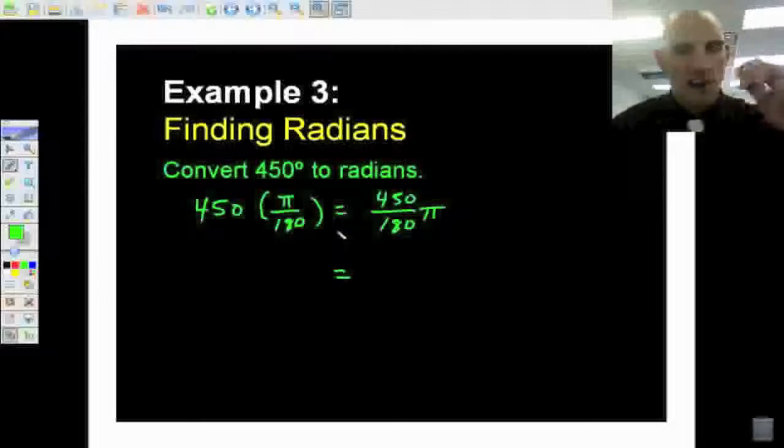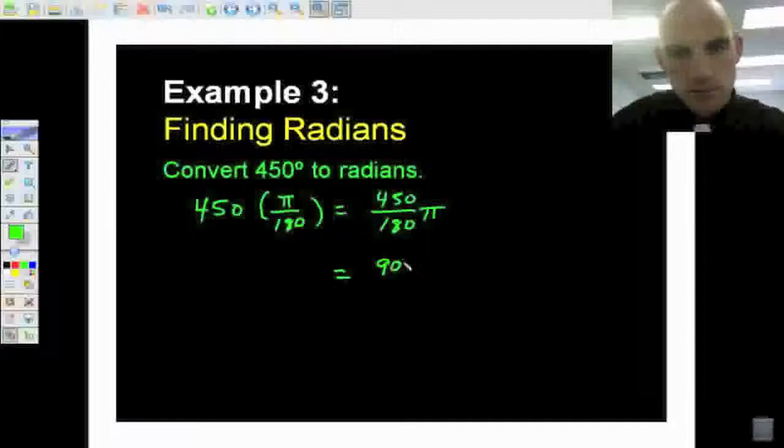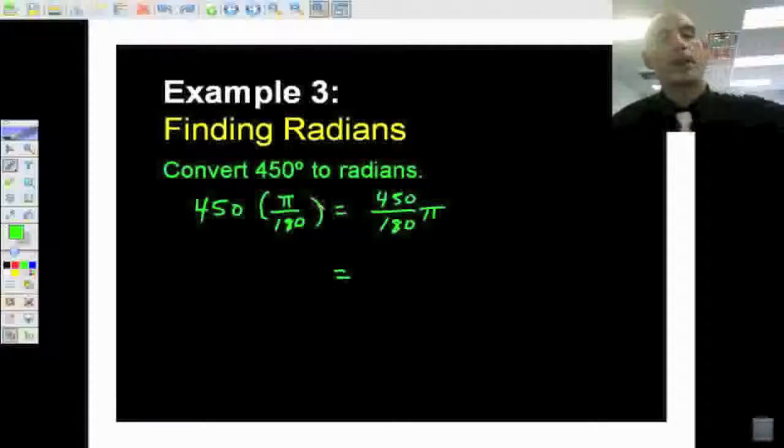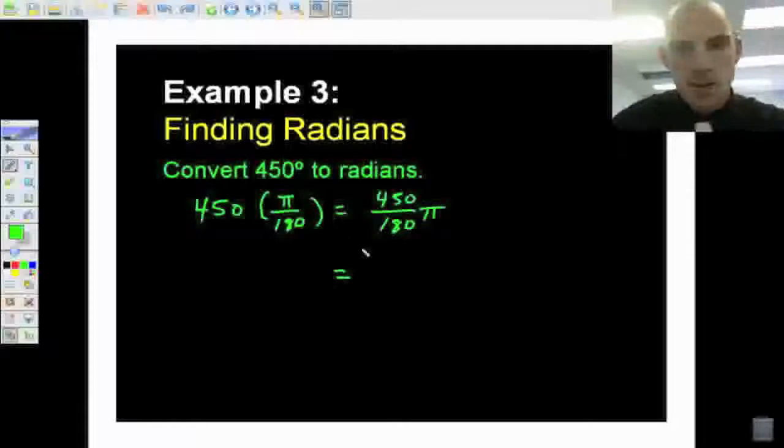I've got 900 over 360. We'll skip this step. I wanted to bump it up one to give us a better idea. And so when I reduce this, I know that 90 is going to go into both, and so I'll reduce by a factor of 90. So this is going to be 5 over 2 times pi. It's that simple. This is what we're multiplying by.